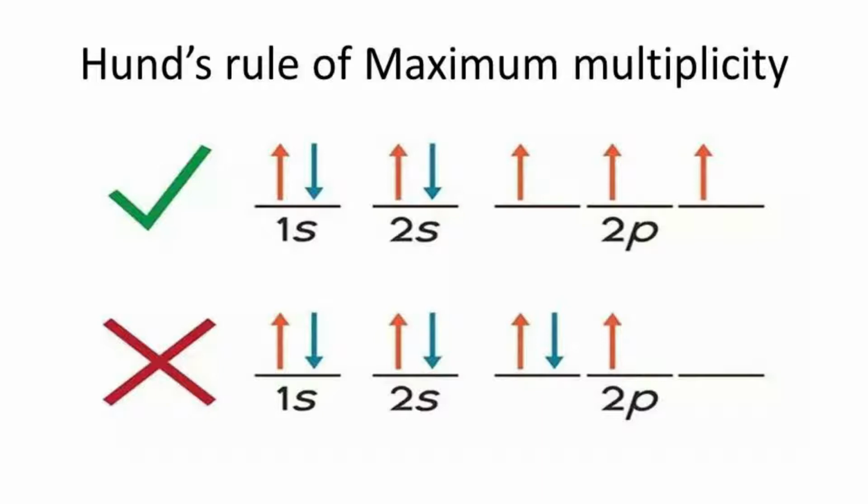And in the second diagram, two electrons in one orbital, one electron in one orbital and no electron in the third orbital. Which is correct? The first one is correct. So electrons will try to occupy the various orbitals as far as possible, so that there will be the maximum multiplicity. It is called Hund's rule of maximum multiplicity.